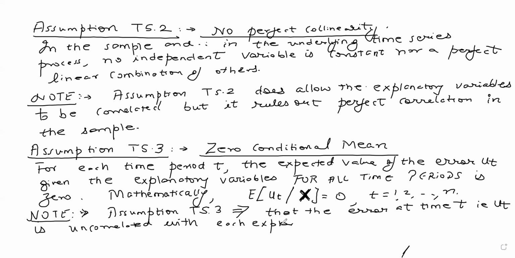The error ut is uncorrelated with each explanatory variable in every time period.